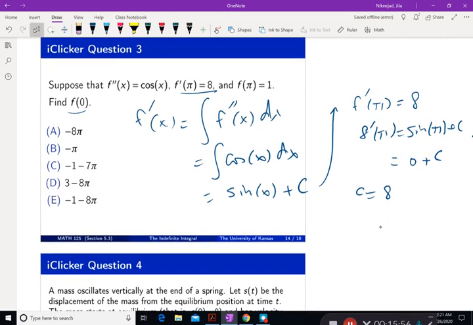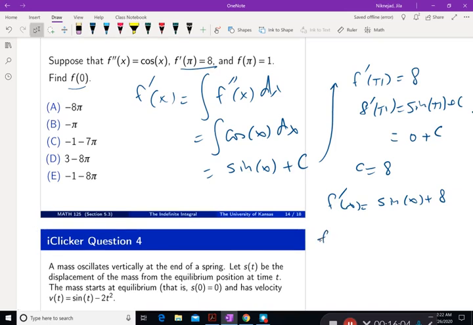And so now I know f prime is equal to sine of x plus 8. Now take another antiderivative to find f of x. Undo the derivative one more time.